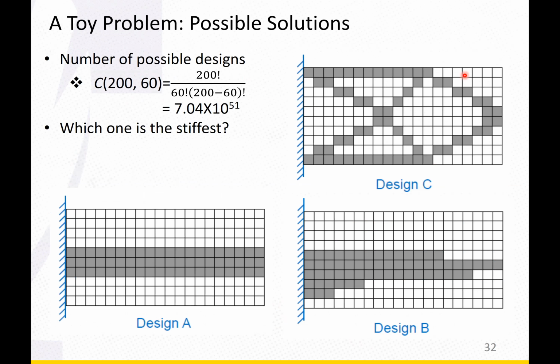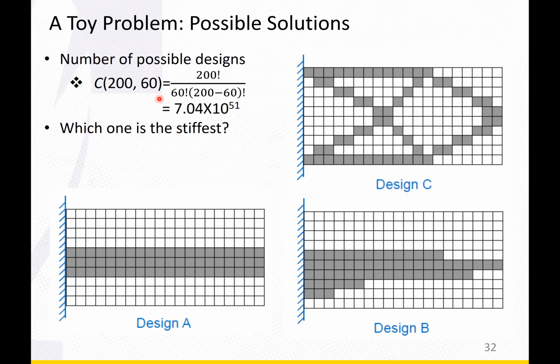So one way to solve this problem is, okay, we just do brute force. We try out every possible layout, but that's really heavy work to do. You can see how many possibilities there are for placing 60 blocks onto 200 grid cells. This is a very huge number.